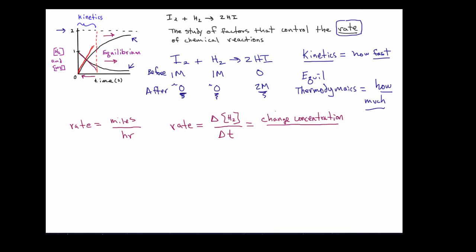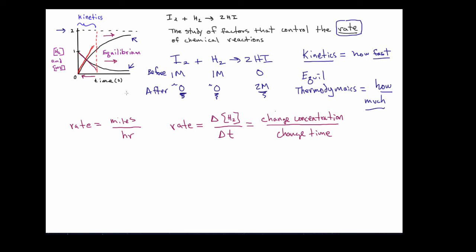But the main thing is it's going to be a change in some quantity over a change in some time frame. All right? And the time frame could be seconds, it could be minutes, it could be hours, it could be nanoseconds. It's going to be this change, whatever the change in concentration versus change in time is. It's going to depend on what a set of convenient units are for that lab to actually measure the change.